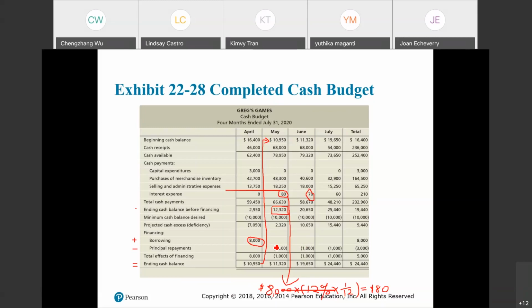That is $7,000. $7,000 times the monthly interest rate, 1%. This is how we get $70. So the interest expense in May is $80.